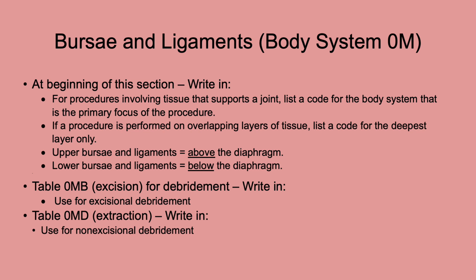Again, a note about overlapping layers of tissue, use deepest tissue only, and upper bursa and ligaments are above the diaphragm, lower bursa and ligament are below the diaphragm. And again, we're going to talk about excisional or non-excisional debridement, 0MB for excisional debridement, 0MD for non-excisional debridement.